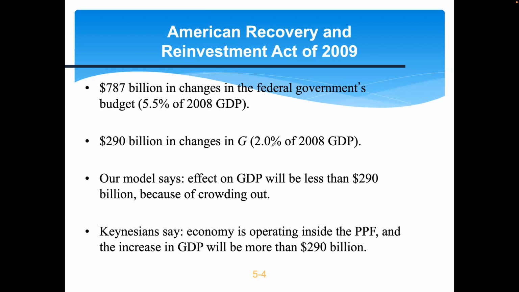Let's just start with the American Recovery and Reinvestment Act of 2009, which we call ARRA. So the background of this ARRA is that the U.S. economy was falling into the worst recession since the Great Depression.